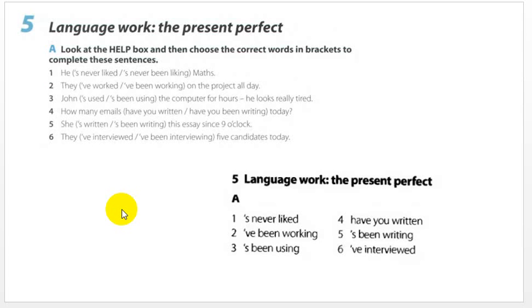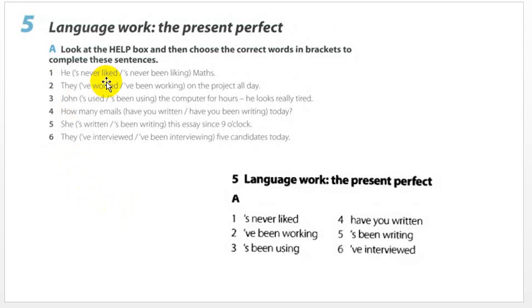In an unspecified time, it means that the time is not clear. The starting time is not clear, and the finishing time is not clear. That is unspecified. Okay, for example, we have an example.